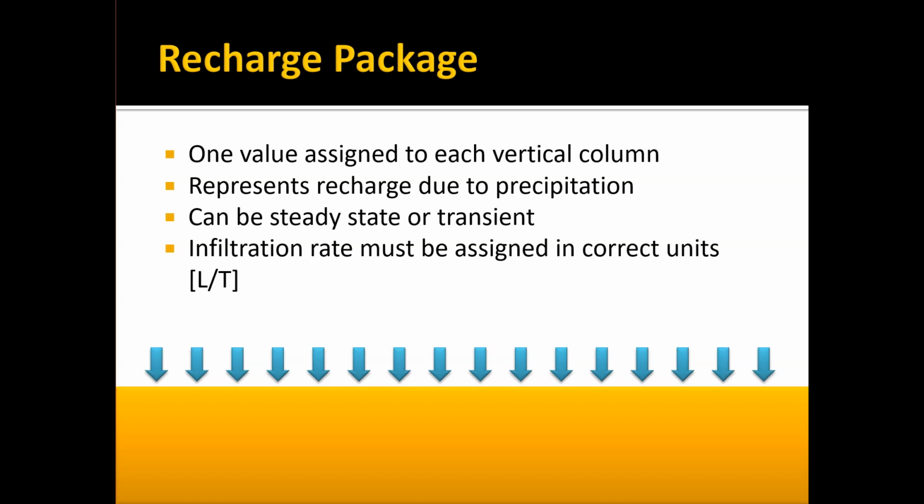So let's suppose for a particular location that you get maybe a meter per year, 100 centimeters per year of rainfall. And so let's assume that 15% of that, so 15 centimeters, ends up being your annual recharge in that location.